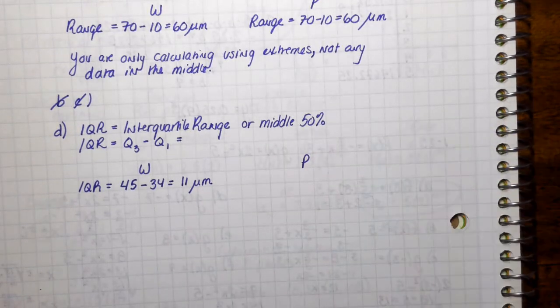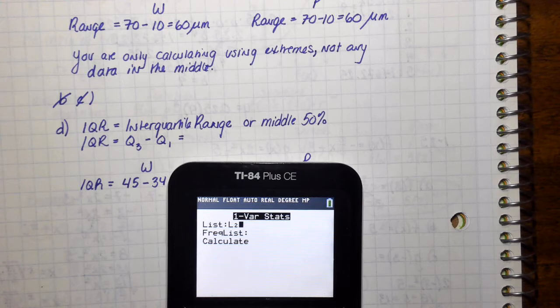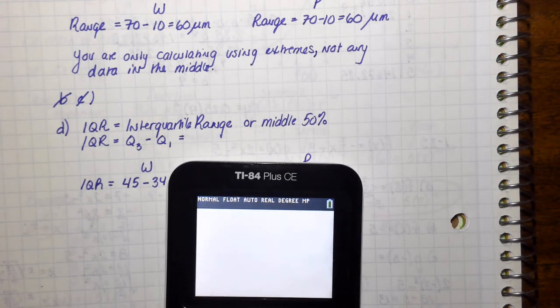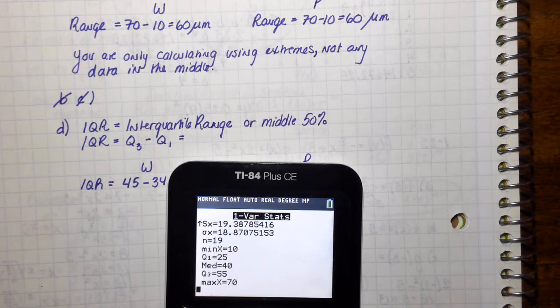Make sure to always put your units on. Okay, now I'm going to run it again for L2. And to remind you, if you want to put L2, you can put second 2 real quick before the document camera realizes that you're there. Okay, scroll down.